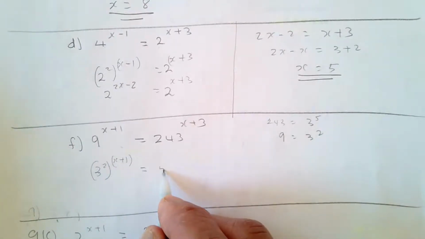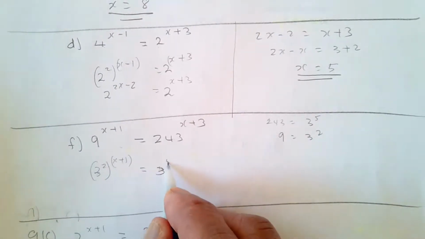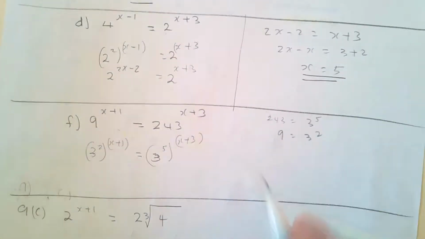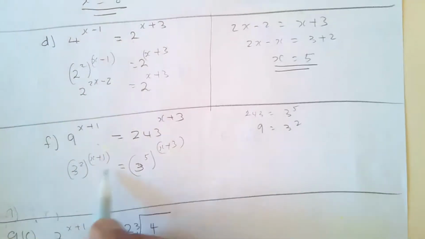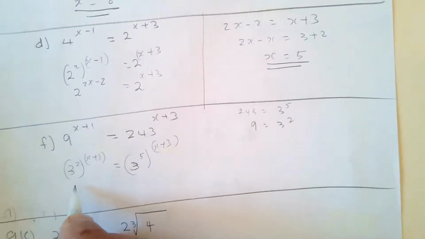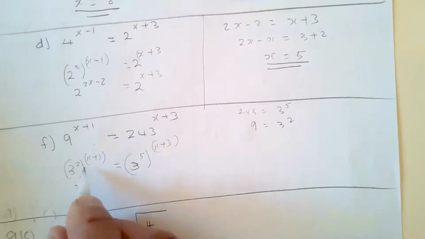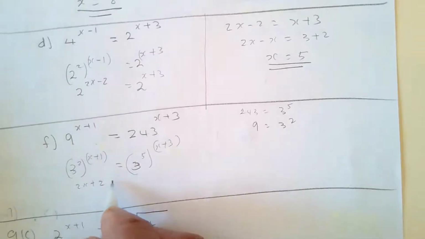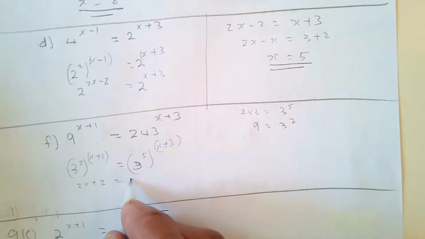equals 3 to the power of 5, x plus 3. Now we do our magic here. Since the base is the same, 2x plus 2 is equal to 5x plus 15.